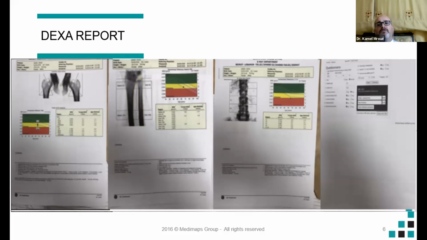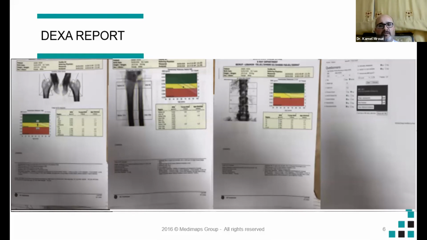Okay, where we put in this software the density at the hip neck, and we put inside this software the different risk factors that the patient has, and the software will calculate this risk, and we'll have numbers. Out of these numbers, we will treat the patient or not.